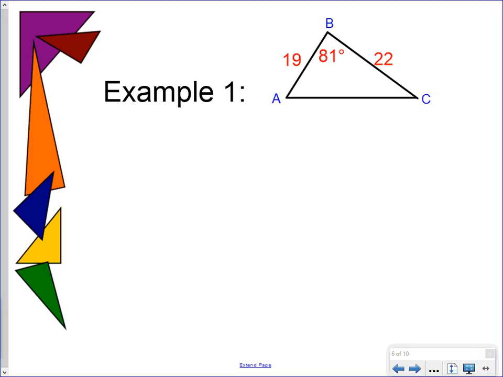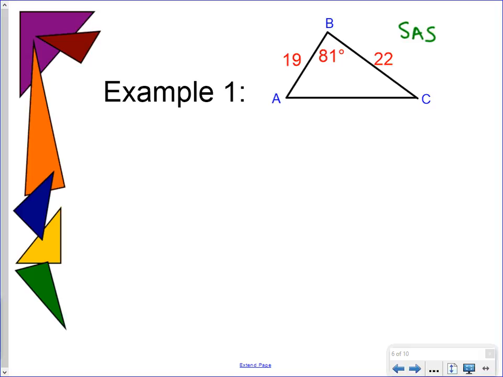None, right? I only know angle B, and I don't know what side B is. Is there any way for me to know what those other 2 angles are right now? No. If you're looking at this in terms of the given information, I have 2 sides and the angle included between the 2 sides. So this is a case of side angle side.